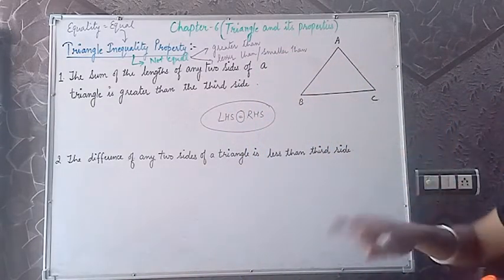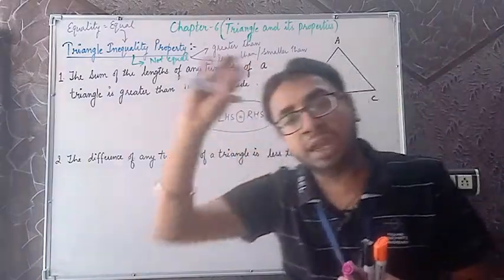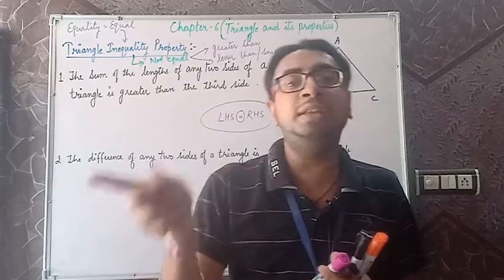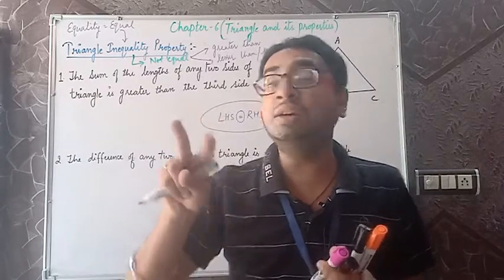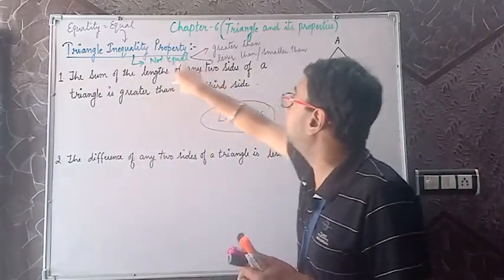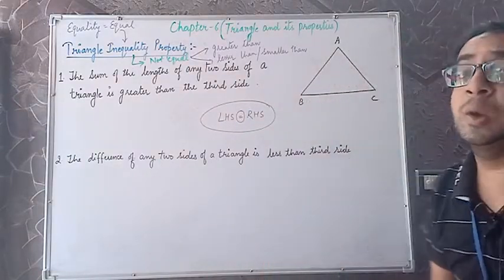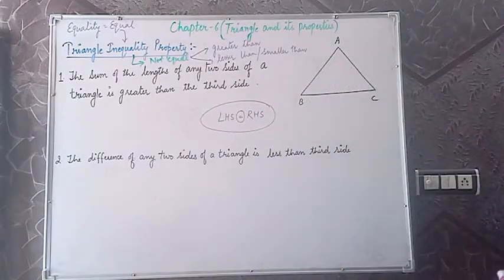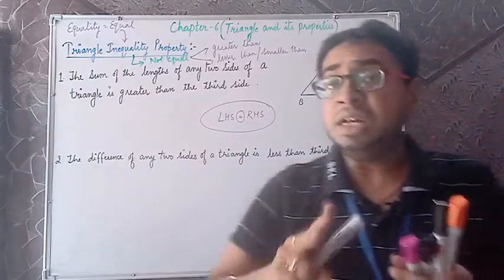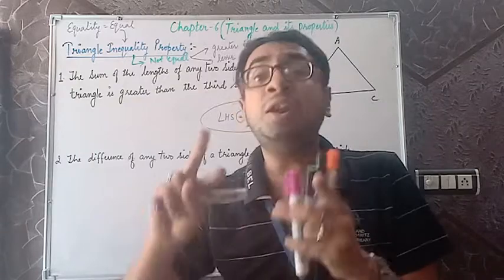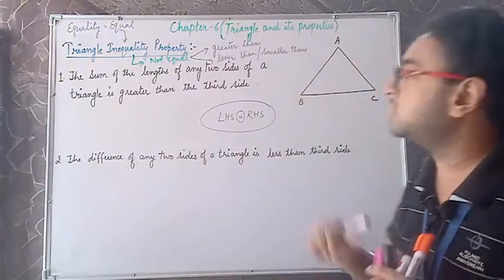So inequality means either something will be greater than something or the other thing will be lesser than something. So greater and lesser are 2 different concepts in inequality. I hope I am clear with the word inequality. Inequality means not equal, and not equal means either something is greater than another, or something is lesser or smaller than another.